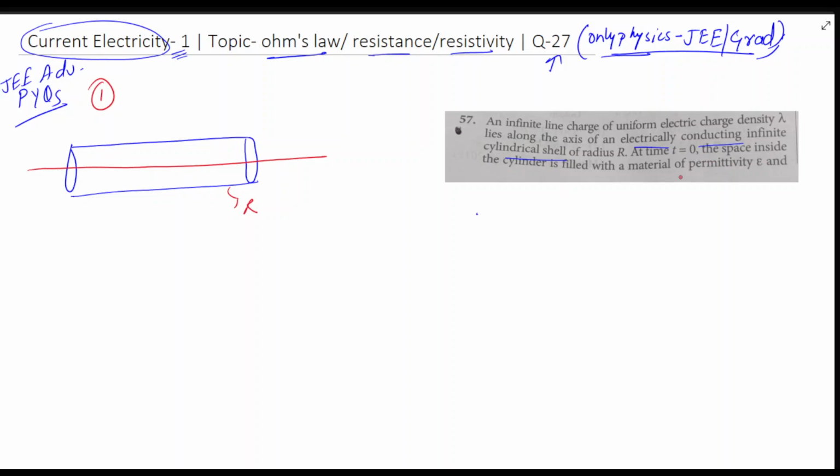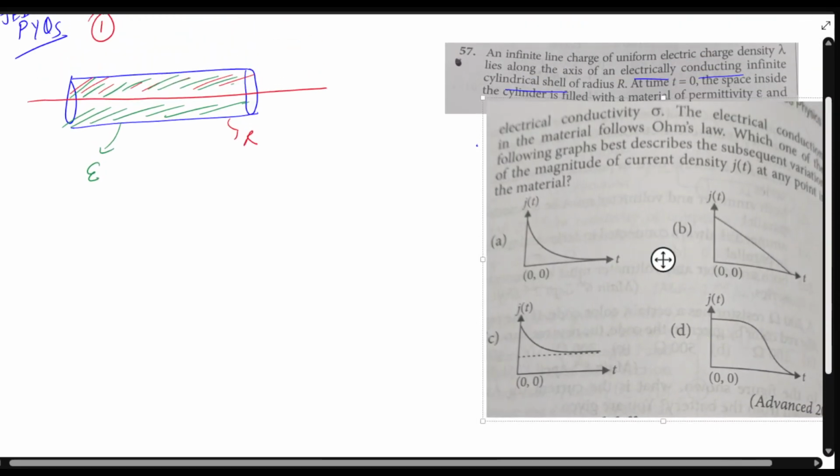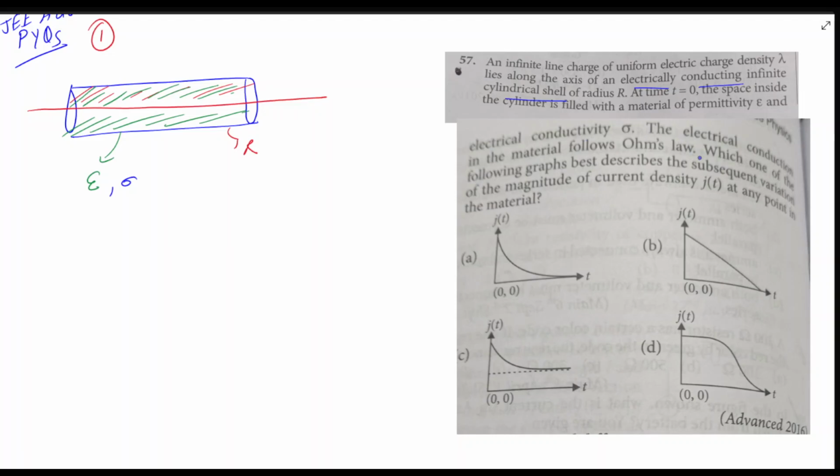At time t equal to 0, the space inside the cylinder is filled with a material of permittivity epsilon. So it is filled with some material whose permittivity is epsilon, and of electrical conductivity sigma.